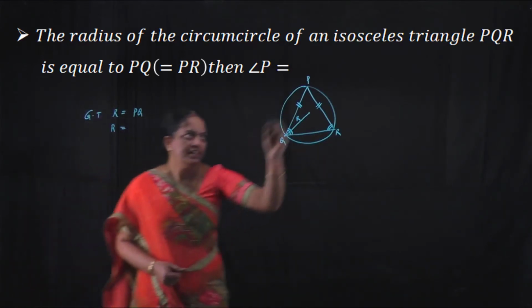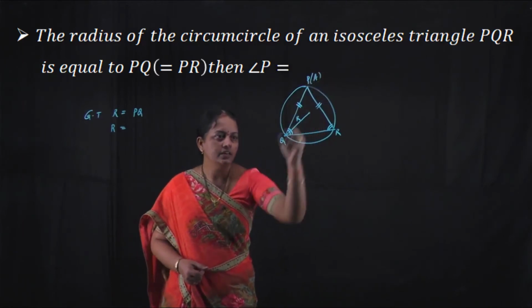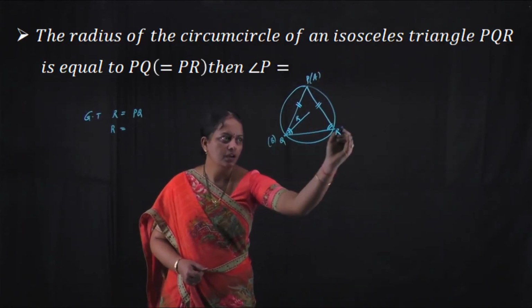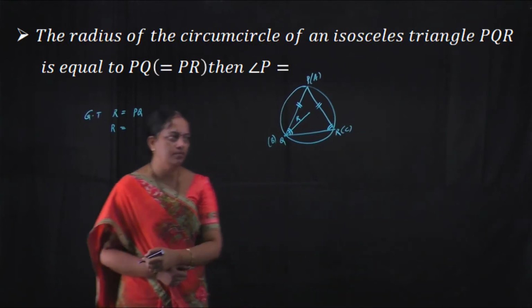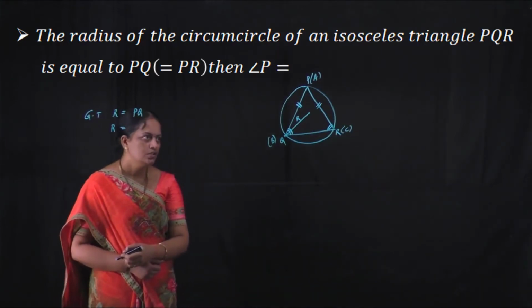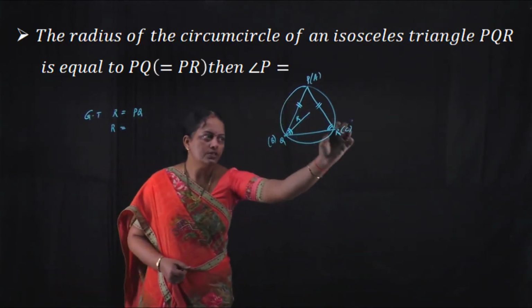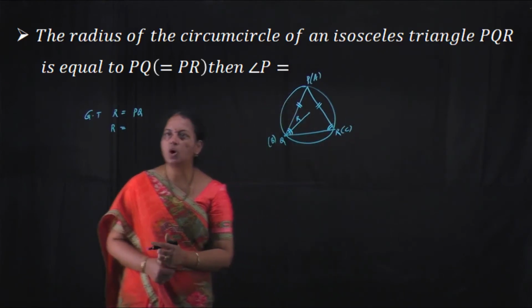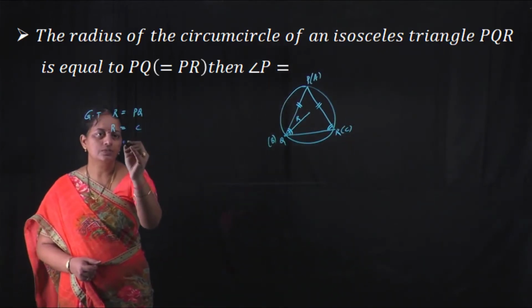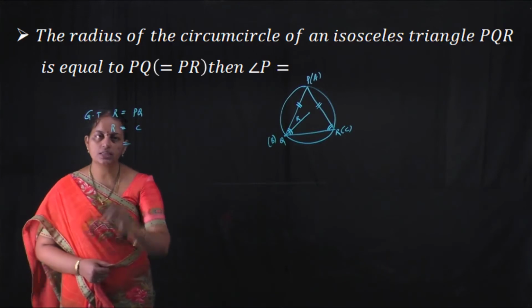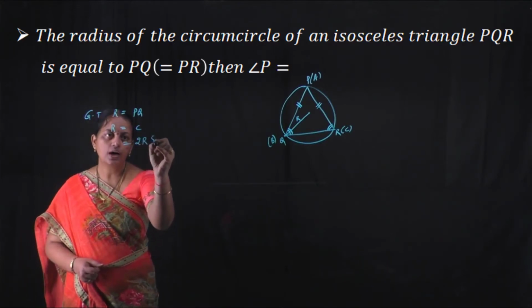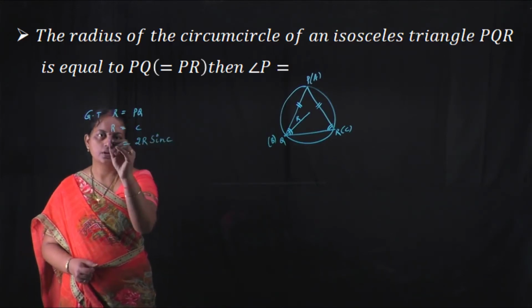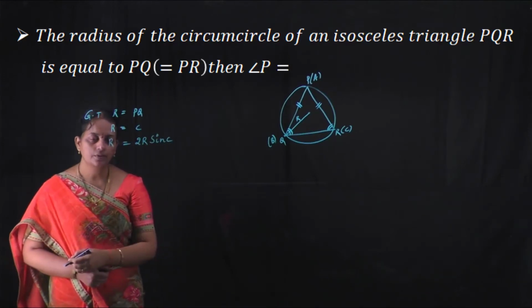Suppose we take P as A, Q as B and R as C for our convenience. So the side opposite to angle C is small c, and from the sine rule we know that small c is equal to 2R sine C. This is capital R, the circumradius.